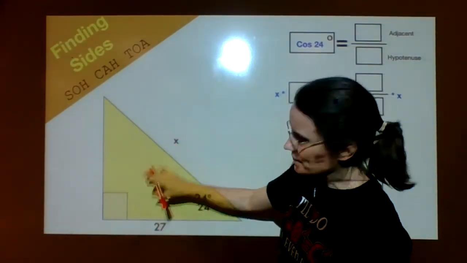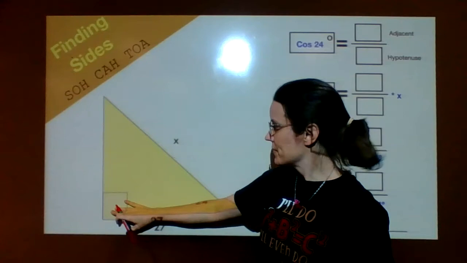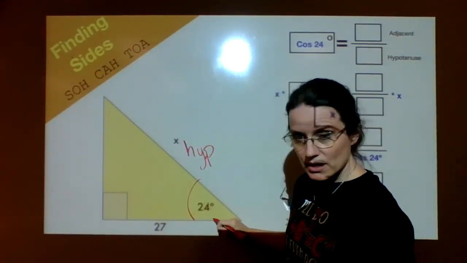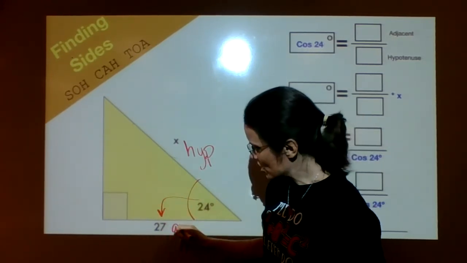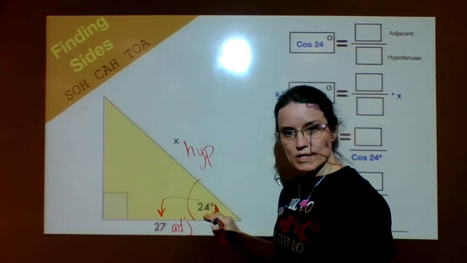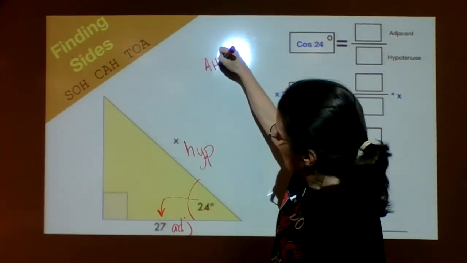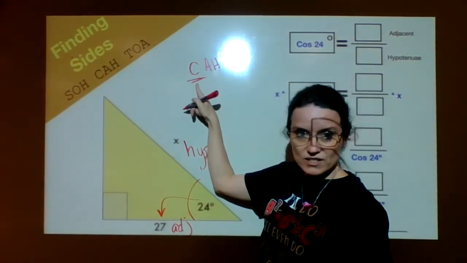So in this triangle, I have a right triangle, I can use trig. I'm looking for this side, it's my hypotenuse. I have a 24 degree angle, and the other side that I know is this one right here, which is adjacent to this 24 degree angle. Since I have an adjacent side and a hypotenuse, I know I'm going to want to use my C, my cosine.